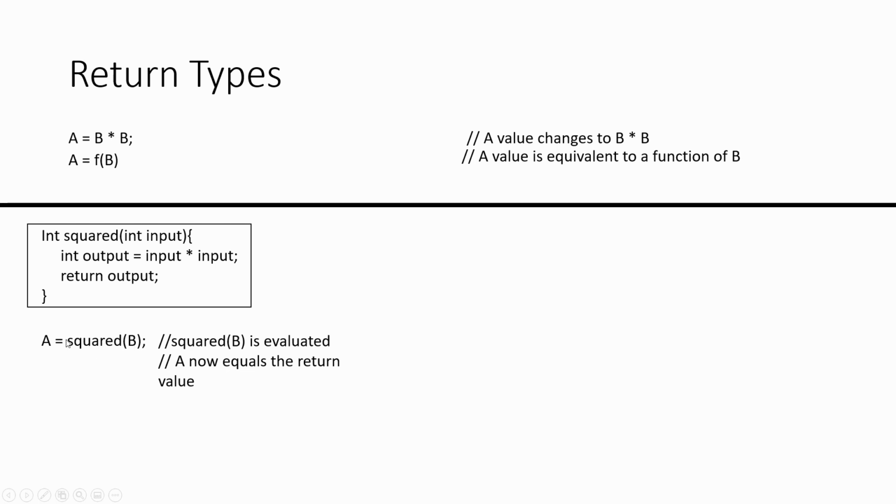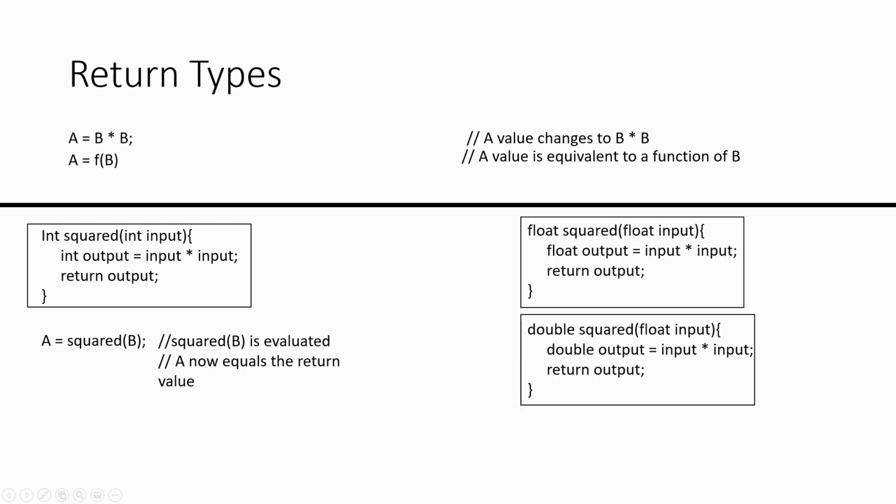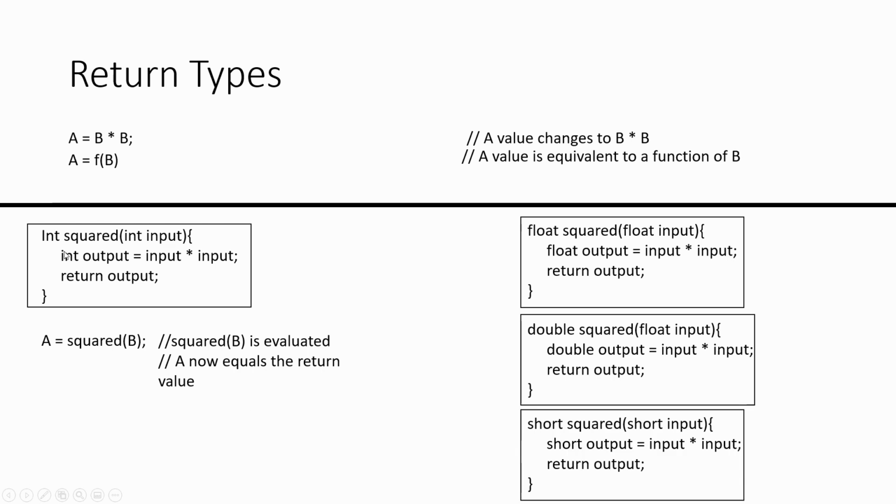This is evaluated, and then that value is stored in the variable a. You can also do this with more than just integers. We could have a float that returns a float squared, a double that returns a double squared, a short that returns a short squared. So you can kind of see the picture here. We can change this function depending on how we need to utilize it in our program.